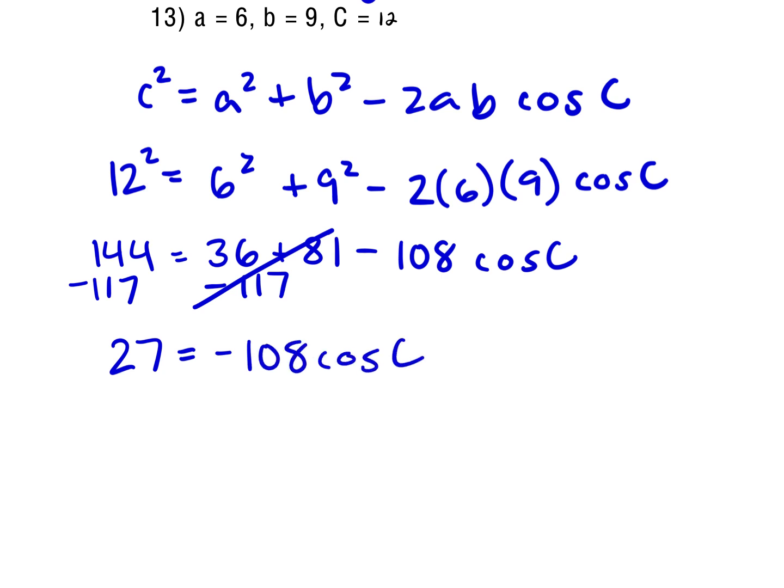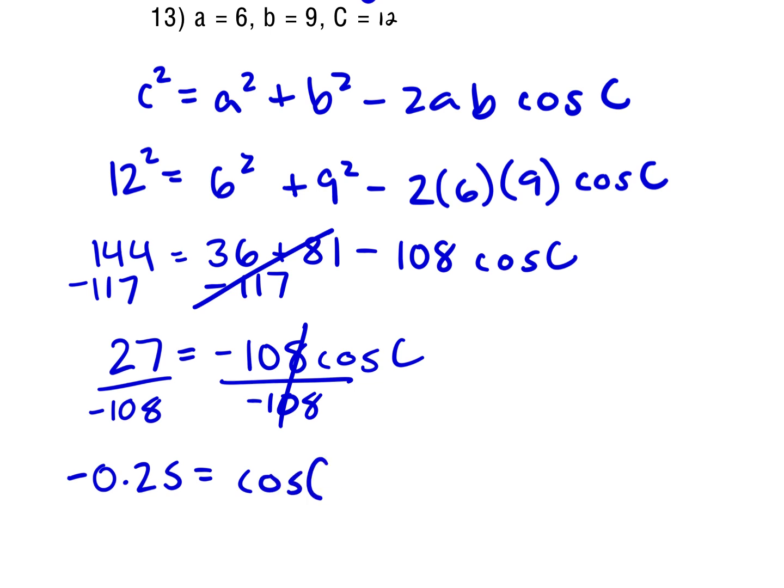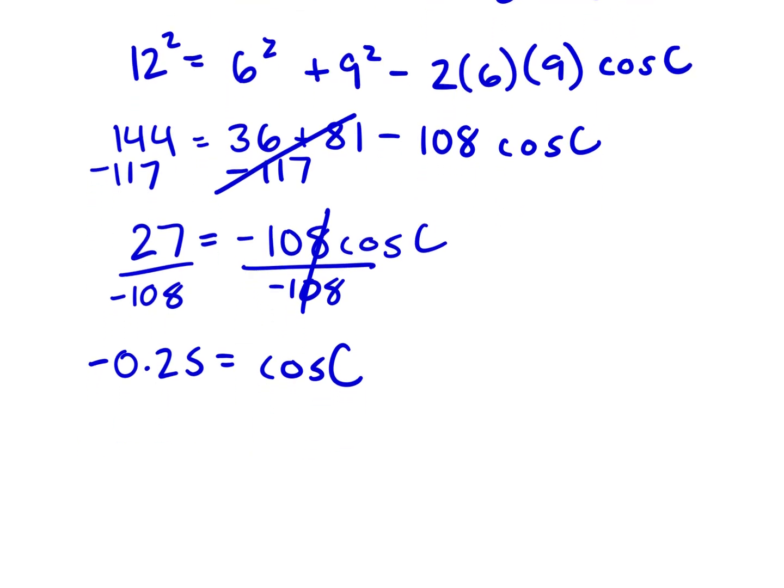How do we get the cosine of c all by itself? Divide by negative 108. So 27 divided by negative 108. We get negative 0.25 is equal to cosine of C. How do we find angle C? Inverse.